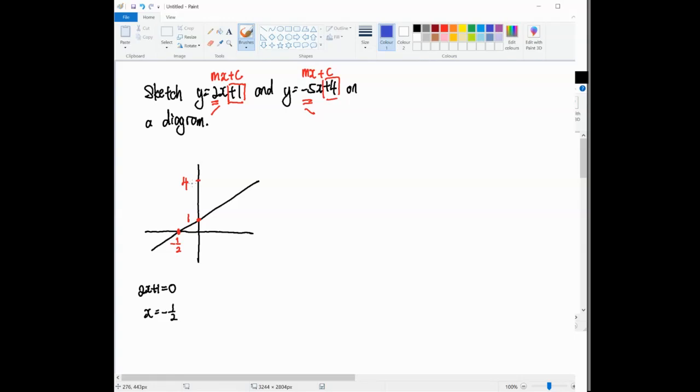So the other line, downward sloping, should be like this. Okay, let me extend the x-axis. So I have this line referring to y equals 2x plus 1, and the blue line referring to y equals negative 5x plus 4.